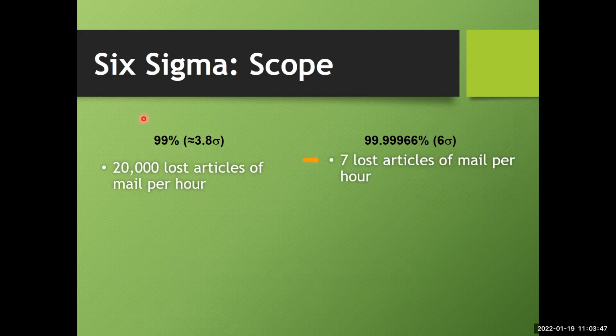If we are working at 99%, which in our current world in India is considered a very, very good practice. If we are doing 99% perfect, what does the Six Sigma concept say then? At 99%, 20,000 lost articles of mail per hour; if we achieve Six Sigma, only 7 articles of mail will be lost per hour.